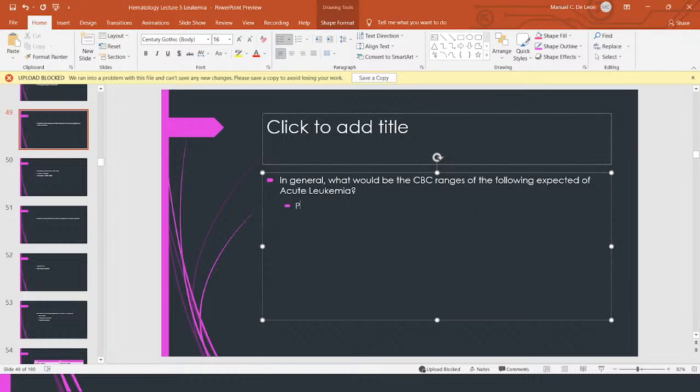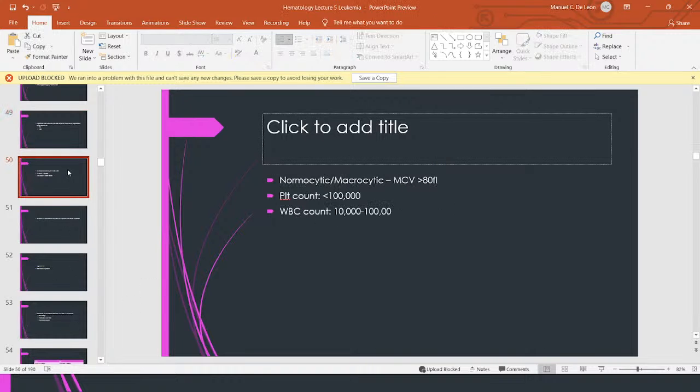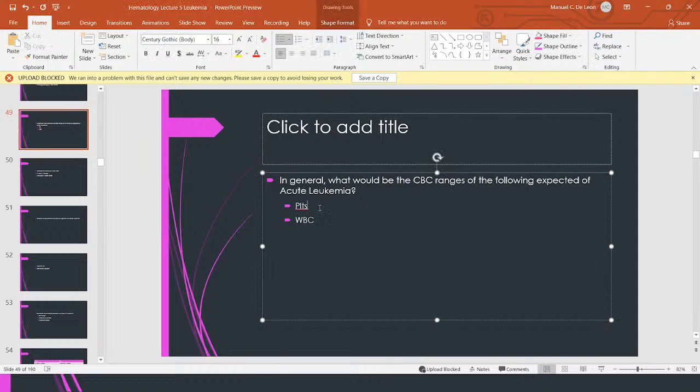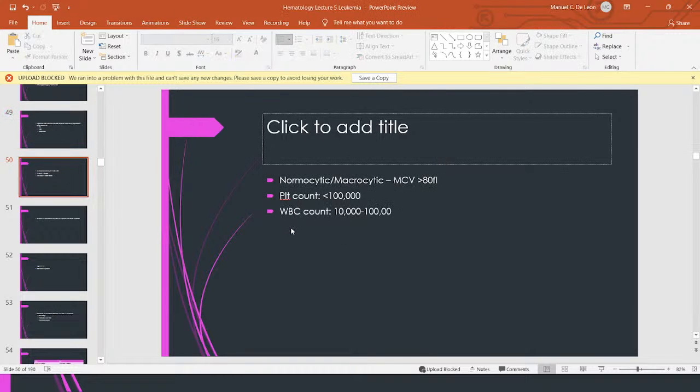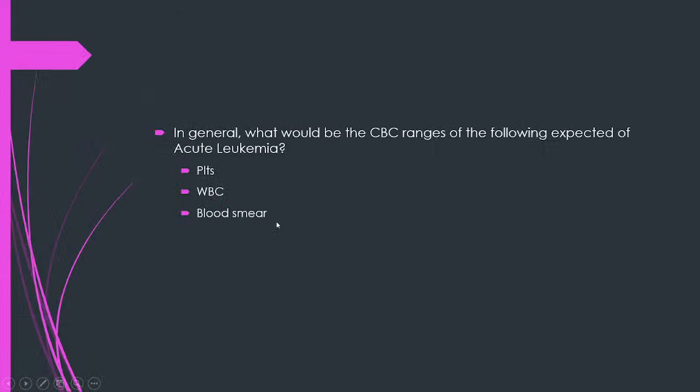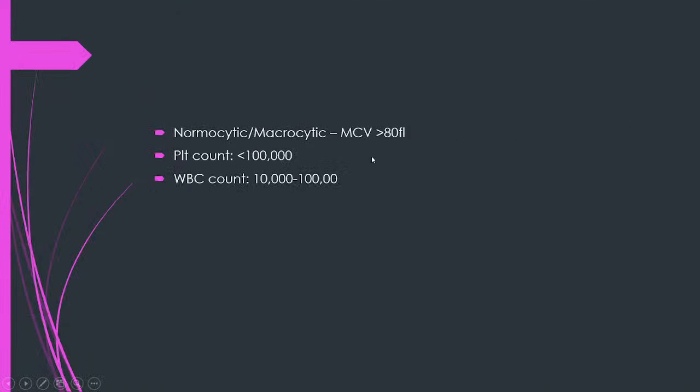It's supposed to be RBC, platelets, WBC count, and blood smear. These are the things you need to remember.